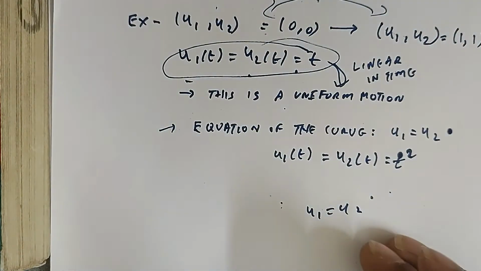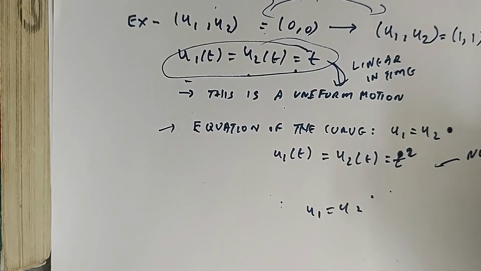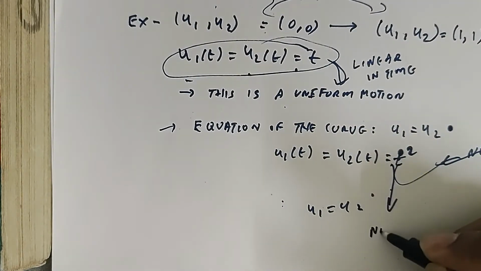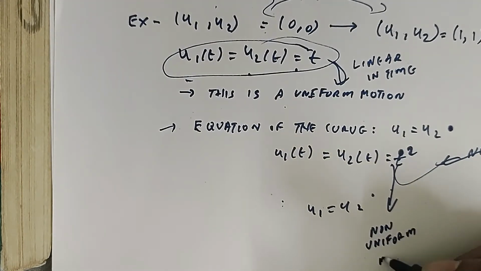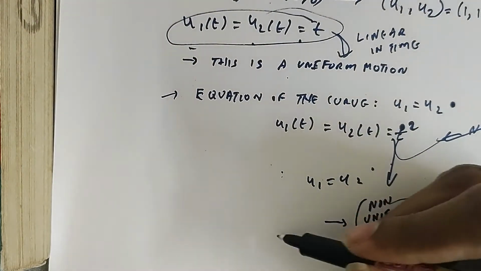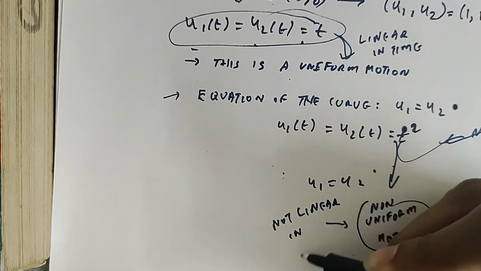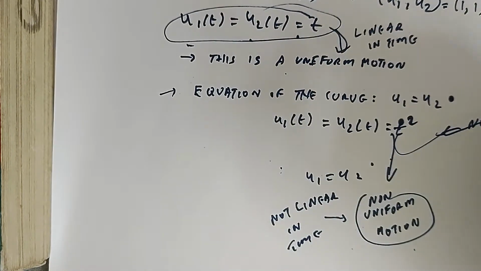One is uniform. This one is non-uniform motion, and the reason being it is not linear in time.